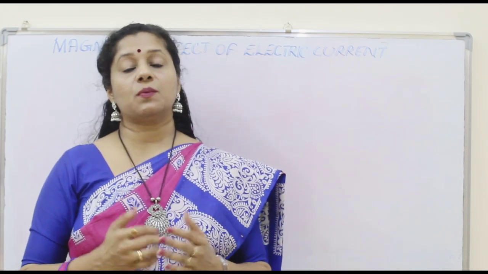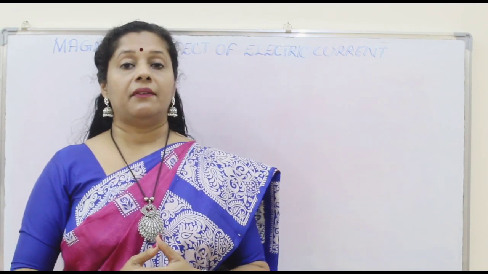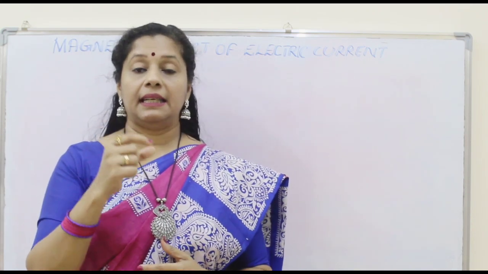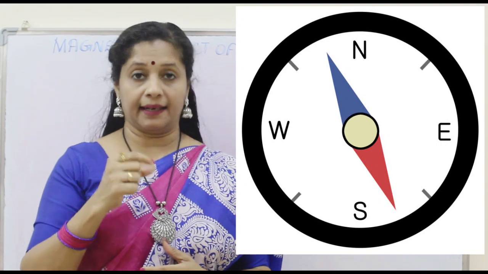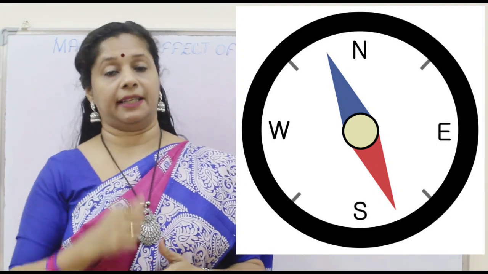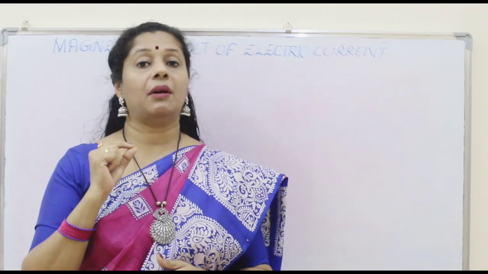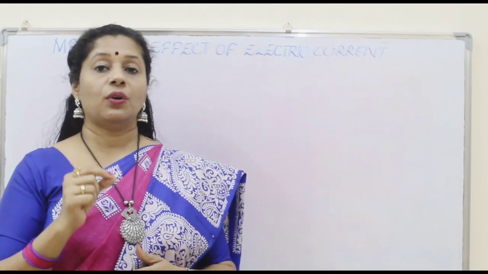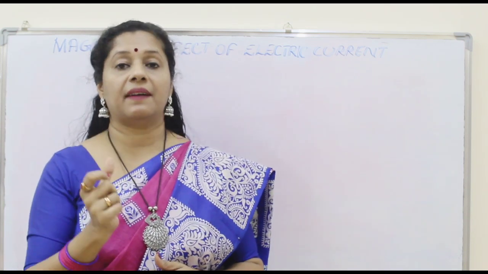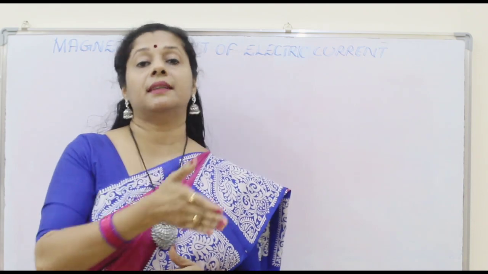So you know that this was first observed by a scientist called Oersted. If you bring a compass needle near a current carrying conductor, you can see that the compass needle is deflecting. Actually, the compass needle itself is an example of a magnet. So one magnet getting deflected means it is in the vicinity of another magnet, right?